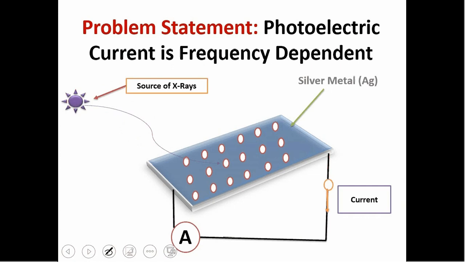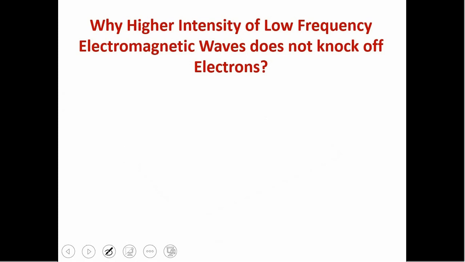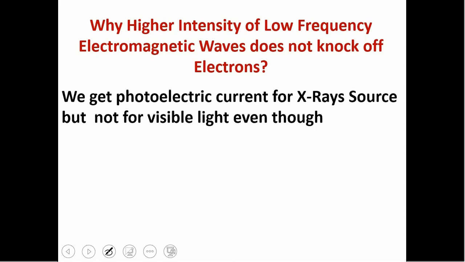Now this is a disturbing phenomenon, because the photoelectric current depends upon the frequency and not the intensity. Precisely, why does higher intensity of low frequency electromagnetic waves not knock off electrons? In other words, we get photoelectric current for X-rays and not for visible light, even though the intensity of X-rays is way less than the intensity of the red color.